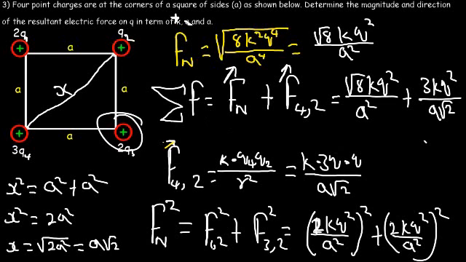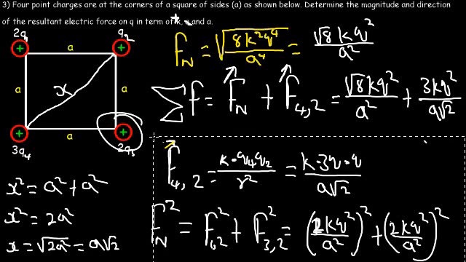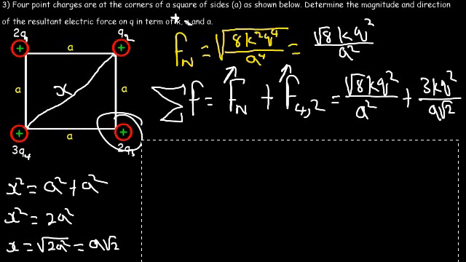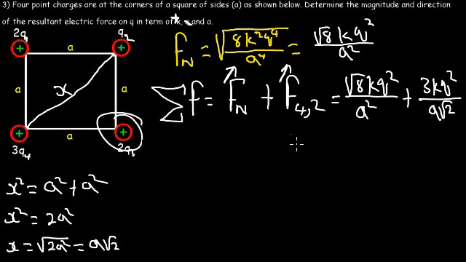So what I'm going to do next is to find the LCM. What will be the LCM between a squared and a root 2? We haven't squared this. We need to square it. According to Coulomb's law, the distance has to be squared.